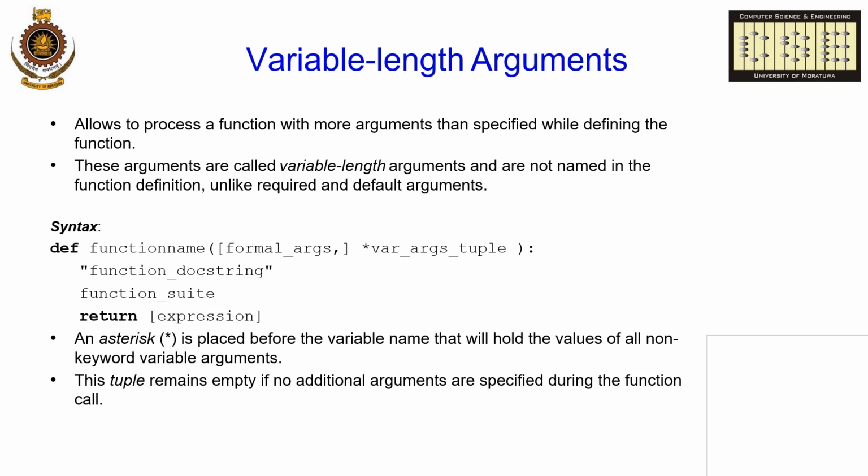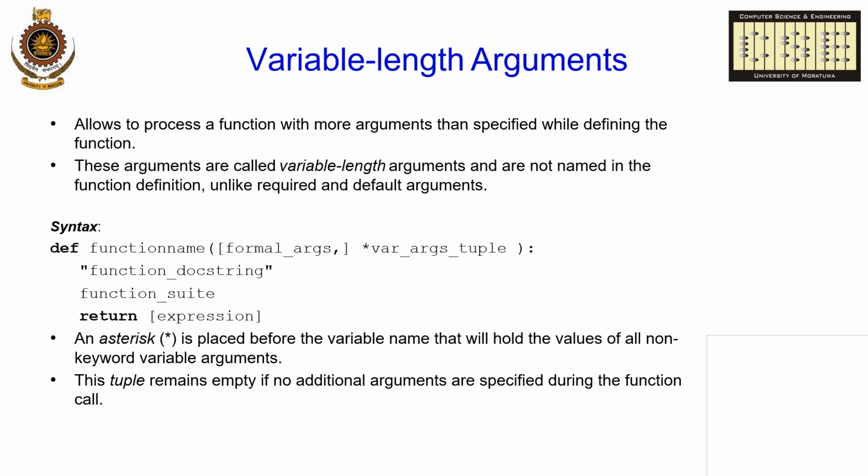Now let's look at variable length arguments. This is quite different from the previous ones, because variable length arguments, as the name suggests, allow you to call a function with more arguments than the number of arguments in the function definition.